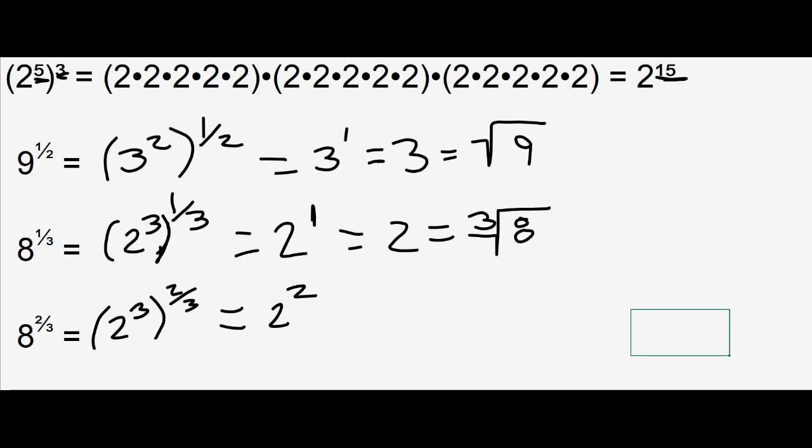So when I have a fraction that doesn't have 1 in the numerator, that numerator actually becomes an exponent. So I actually take the cube root of 8, which gives me 2, and then I square that answer. So 8 to the 2/3 is 2 squared. 8 to the 1/3 is 2.